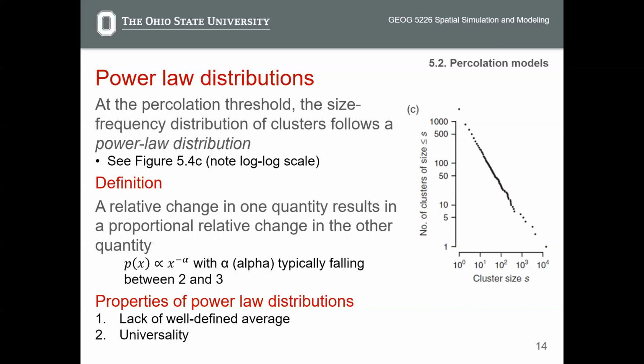I'll give you examples later. The next property is universality, which means that you use a group of parameters, you can use some very representative mathematical formulas to describe this distribution. Examples will be provided later.